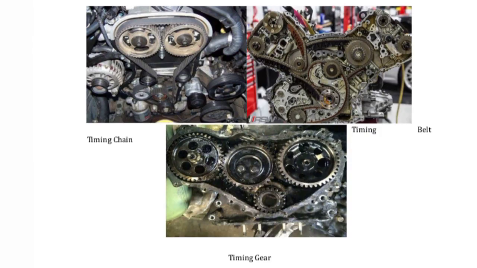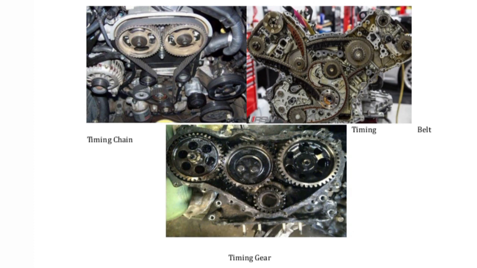Timing chain, belt, gears. These parts are used in different combinations and configurations to connect the crankshaft to the camshaft. They keep the valves' opening and closing time with the piston movement. Timing belts should be replaced every 100,000 km or every 5 years.